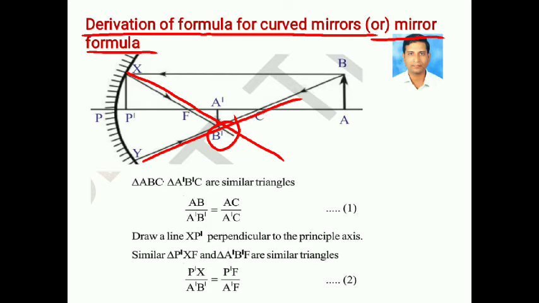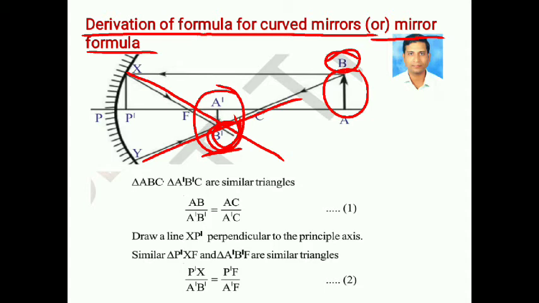These two rays intersect at B dash. Now B dash is the image of B. Hence A dash B dash is the image of AB.